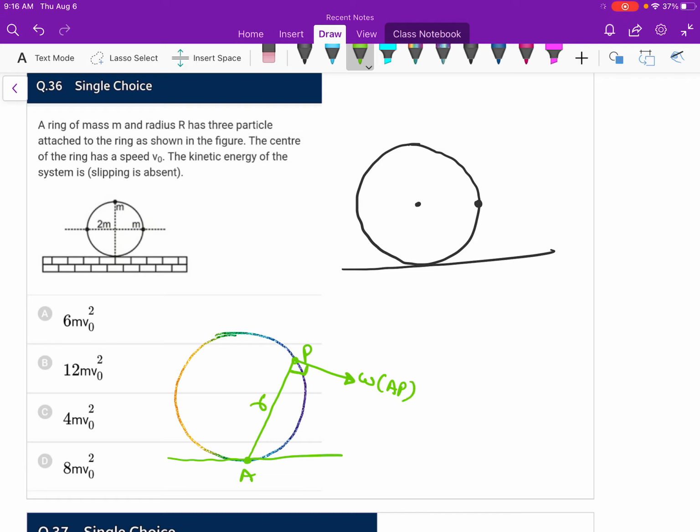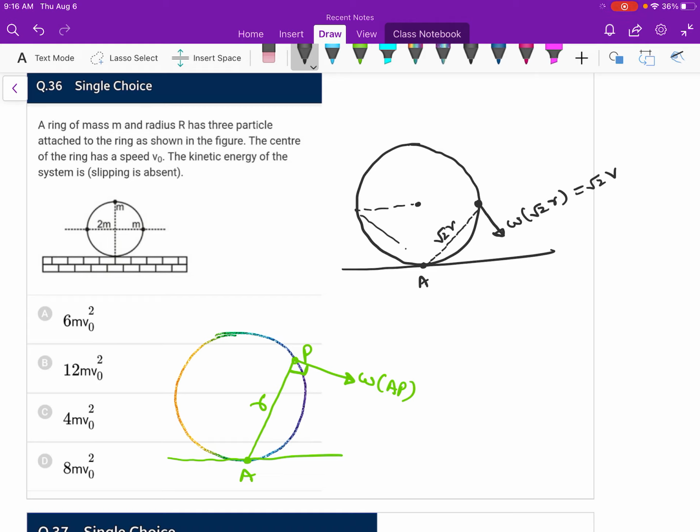This concept you should learn, omega times small r. So for point mass m, this distance from A is root 2r. So its speed is omega times root 2r, that is root 2v.